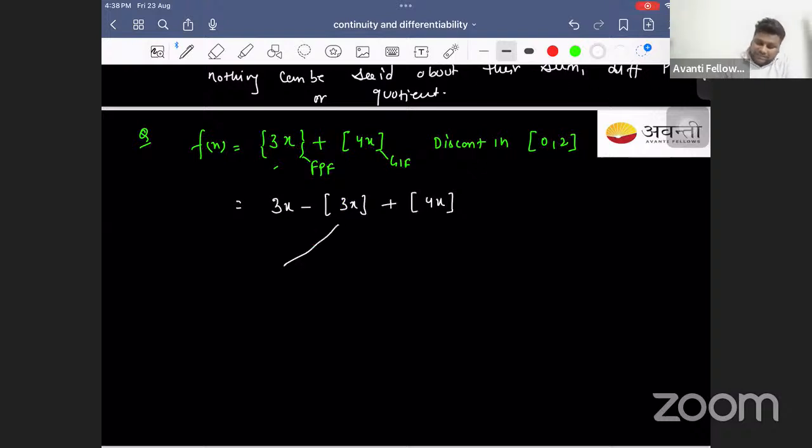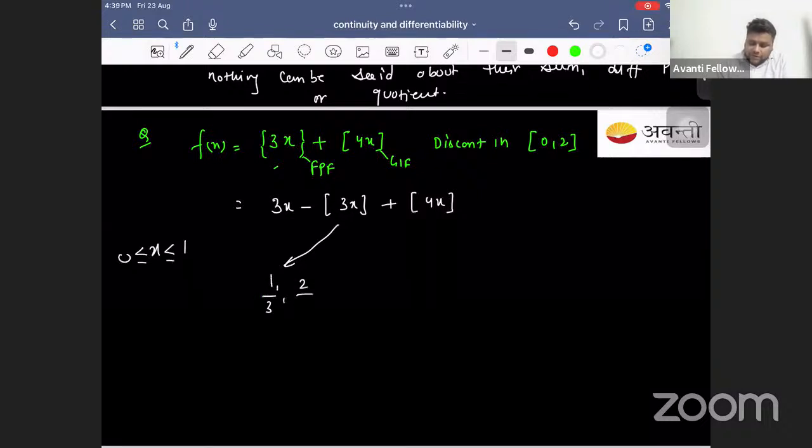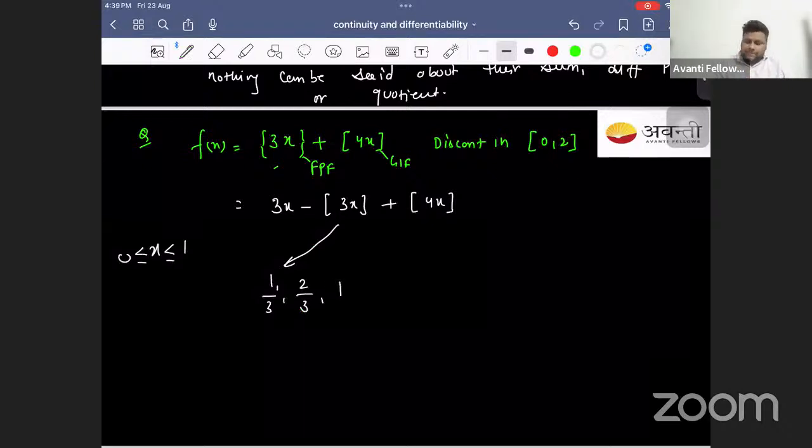Now, first I'm talking about x belonging to 0 to 1. This is discontinuous at 1 by 3, 2 by 3 and 3 by 3, which is 1. At 0 they both are continuous.